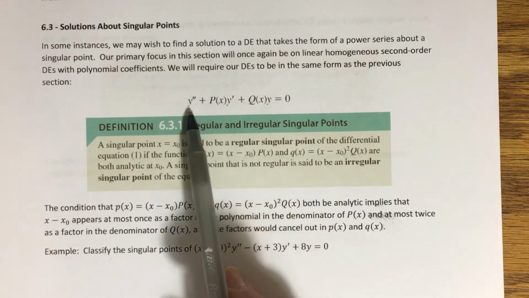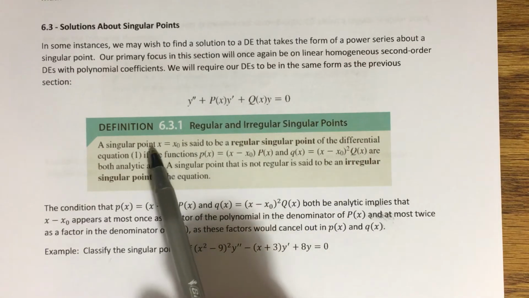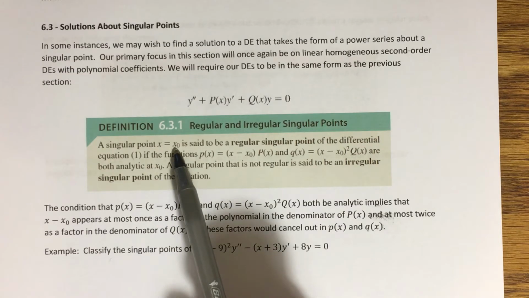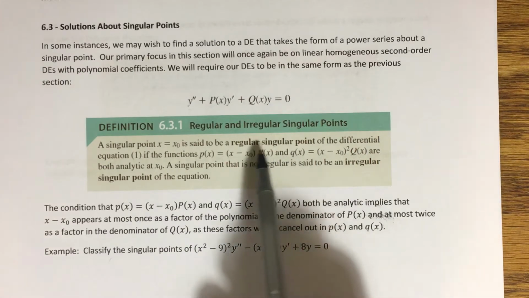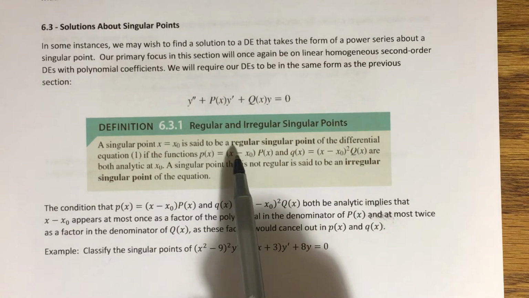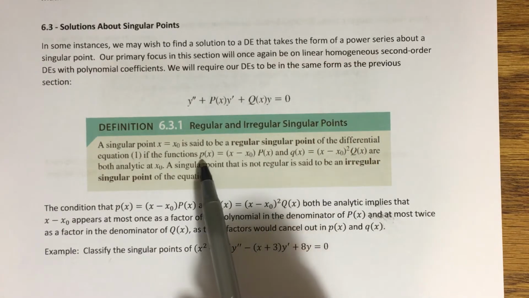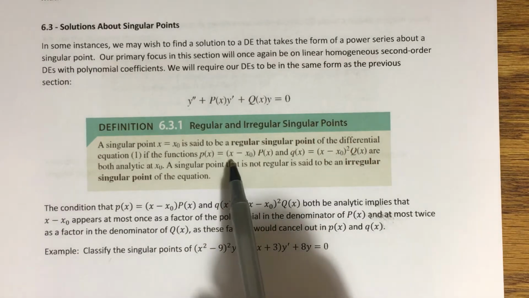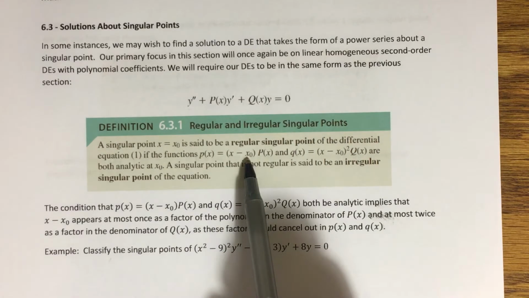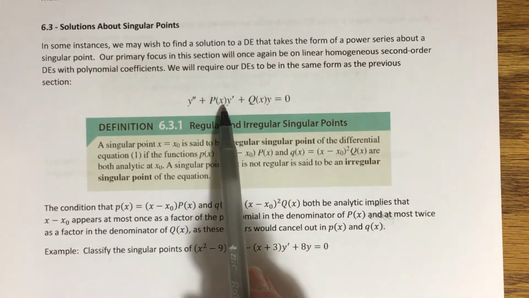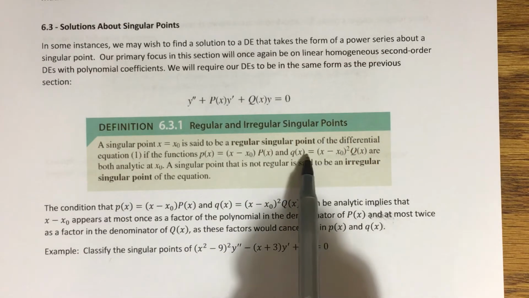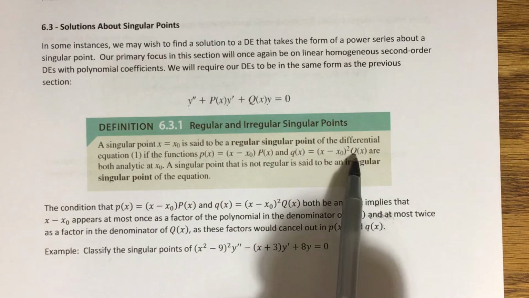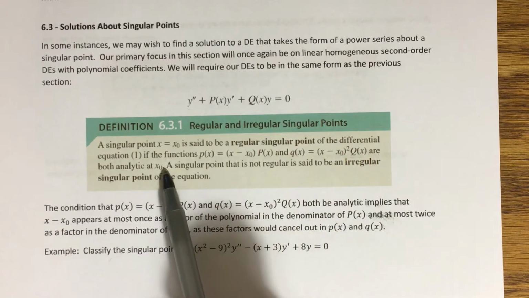So let's suppose, for example, that we have this DE and it has the singular point x equals x naught. We say that that singular point is a regular singular point if two conditions are met. First of all, if the function little p of x, which we define to be equal to x minus that singular point x naught times big P of x, and q of x, which is equal to x minus x naught squared times big Q of x, are both analytic at x naught.